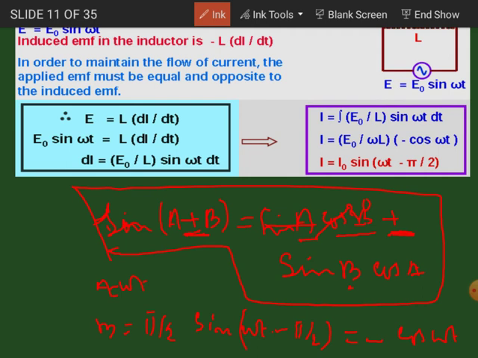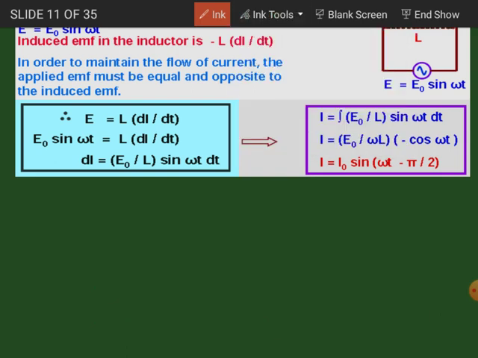You can use the formula of cosine of omega t from cosine of A plus minus B. You can do it from there also.